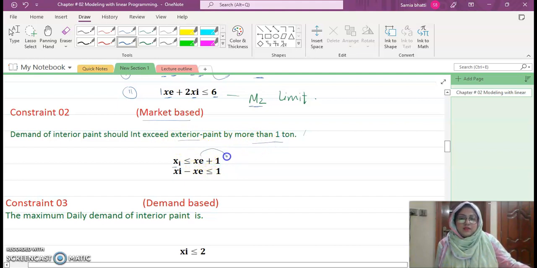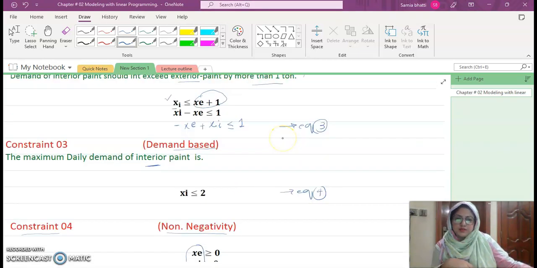So exterior paint will always be more by 1 than the interior paint, or in other words we can say that xi minus xe is less than or equal to 1. In other terms, we can also write it as minus xe plus xi less than or equal to 1. So we call it equation number 3.